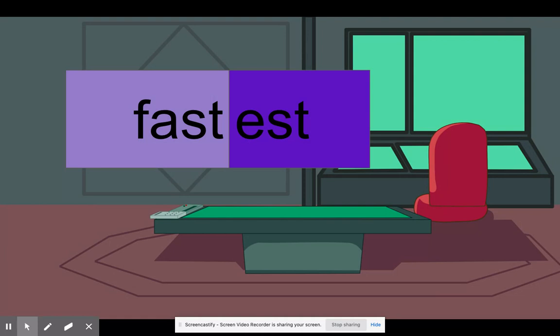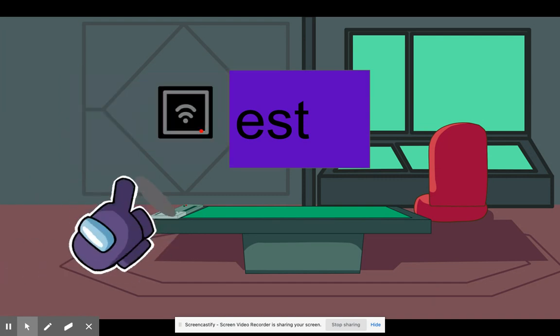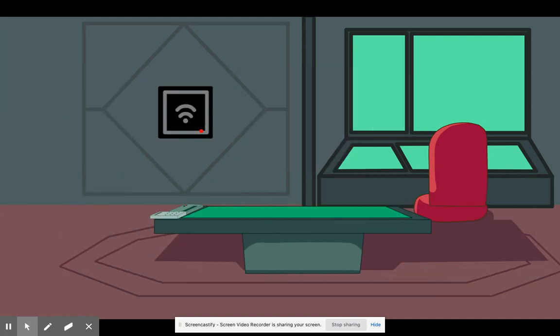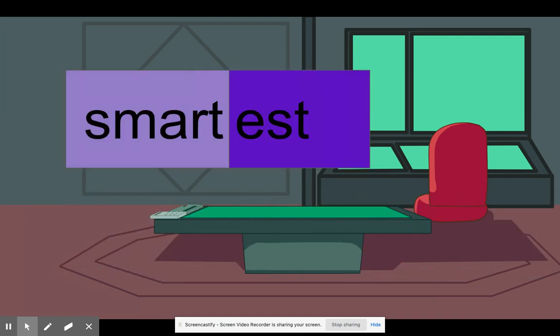You can be fast, but fastest is more or the most, above all else. Another example is smartest. You can be smart, but if you add the suffix est and make that word smartest, that means you are the most, the best.